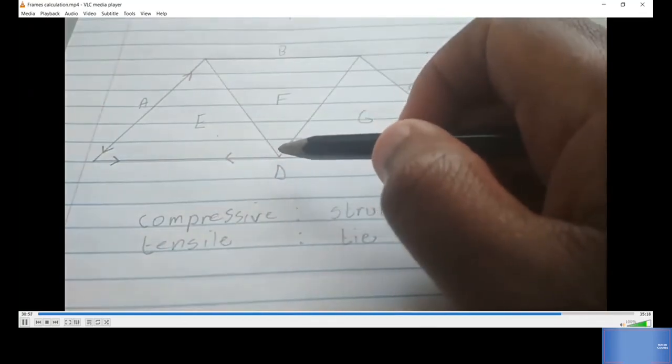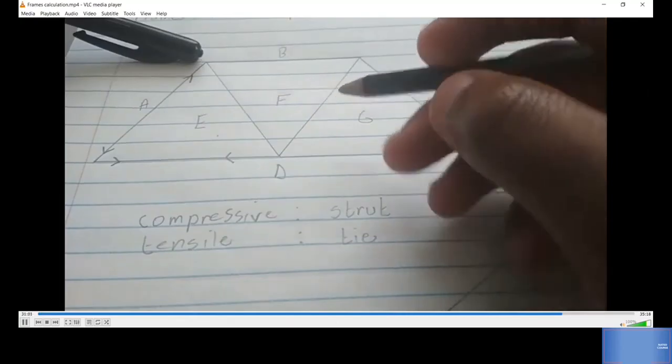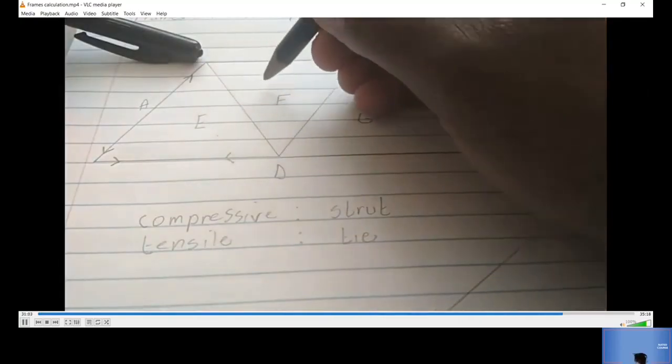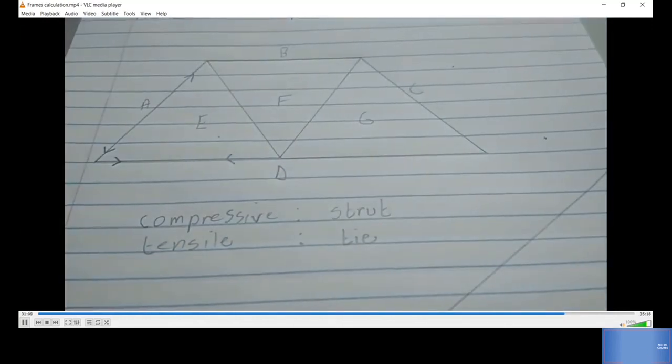The next one is EF. Okay, there's EF, so it's that member there. We go to its far left. Its far left is over here. Then we move in a clockwise direction and we hit FE. So we go FE. We've established that. We go to our force diagram.